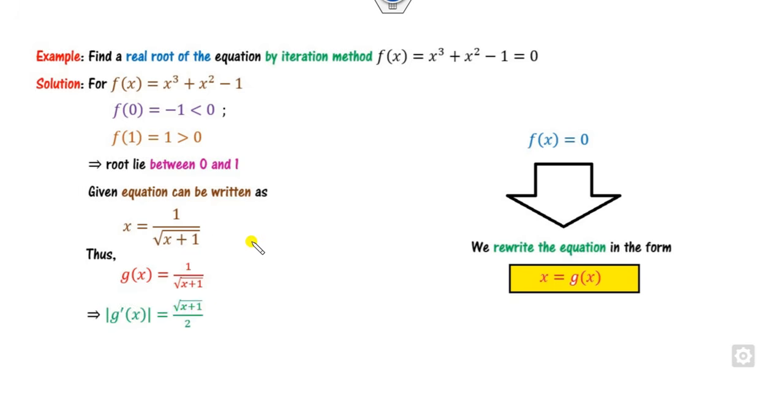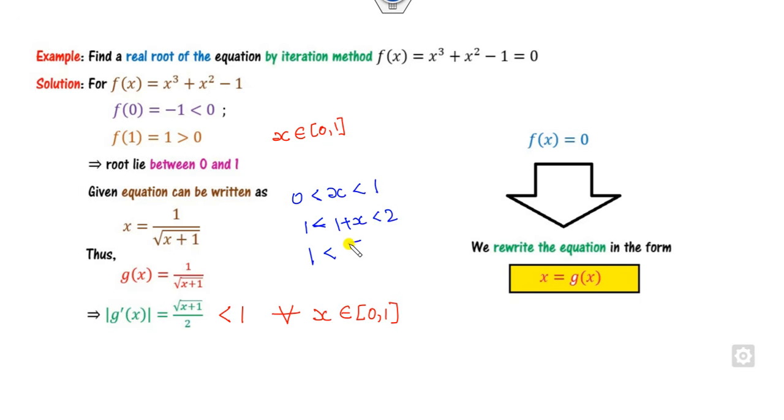I can check its derivative. Now x belongs to 0 comma 1. My target is to prove that the derivative is less than 1 for all x belongs to 0 comma 1. So how can you prove that? Now x lies between 0 and 1, so 1 plus x lies between 1 and 2.